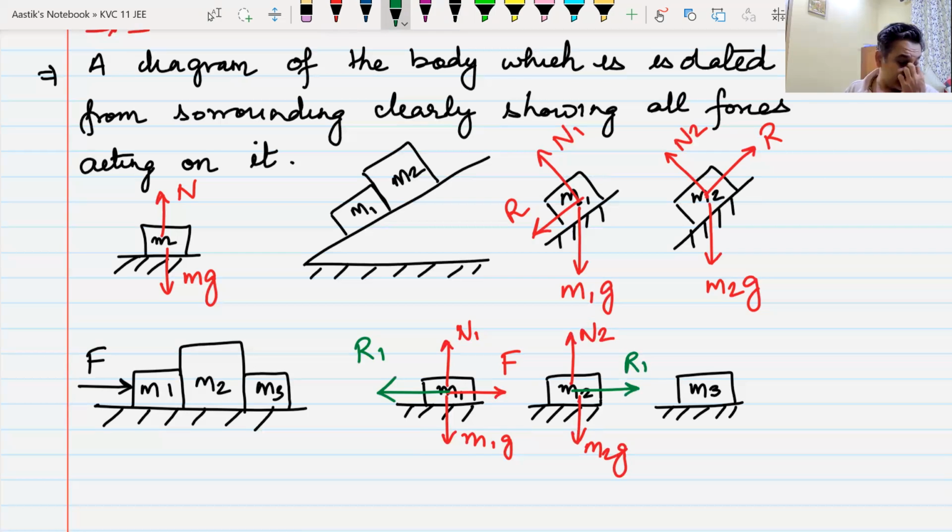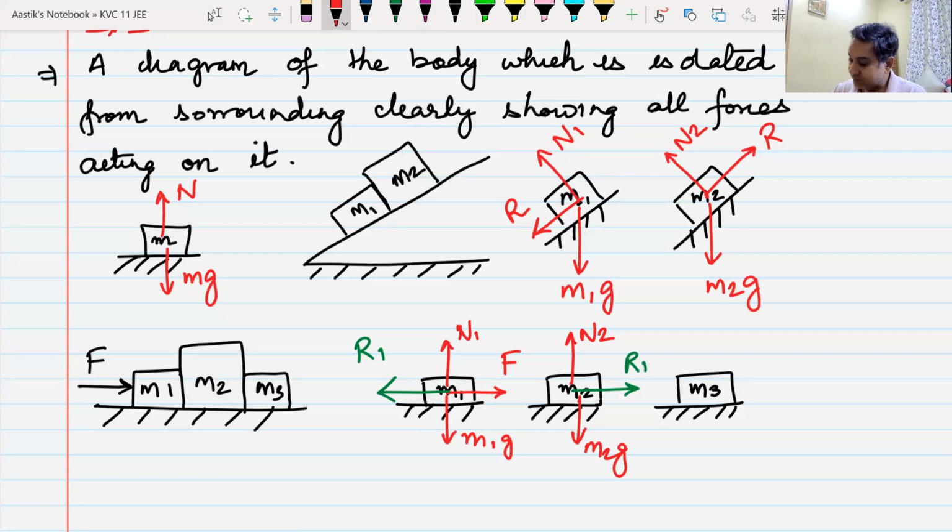Do we understand this? So that force is R1. Is there any force that I missed? Then that's it. That is the free body diagram of M2.